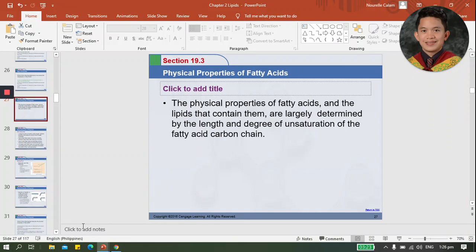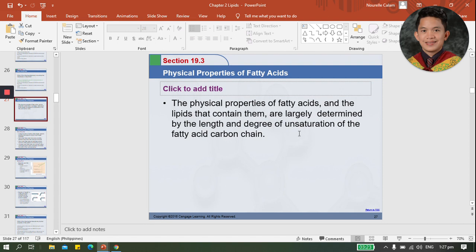Let's now discuss the physical properties of fatty acids. So it is said right here that the physical properties of fatty acids and the lipids that contain them are largely determined by the length and degree of unsaturation of the fatty acid carbon chain.